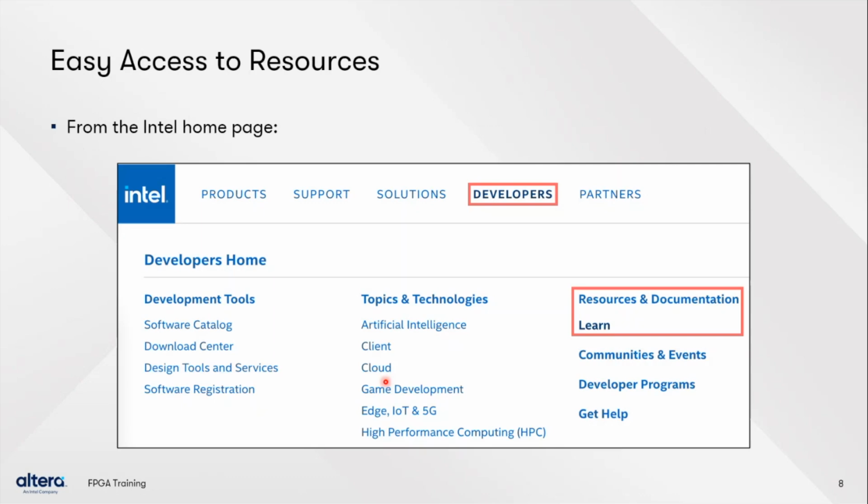But I also wanted to, before I get into some demo and some new features, cover where to get access to resources. So we are still an Intel company, so you still go to intel.com, and the best place to get information about our tools is to go to the top and under the developers tab. So we've got resources and documentation and learn.